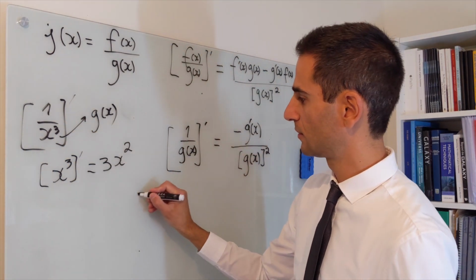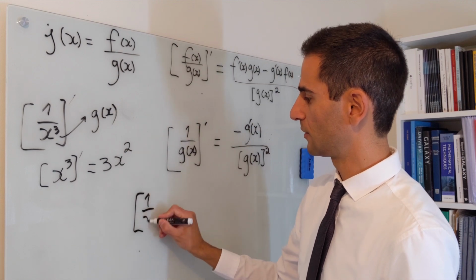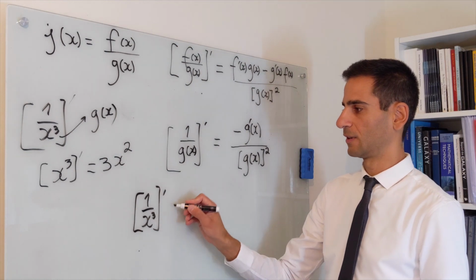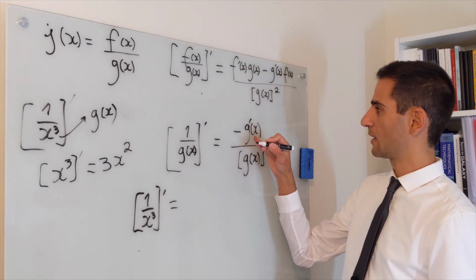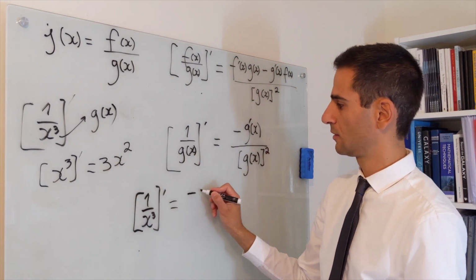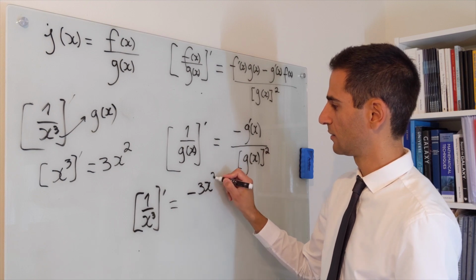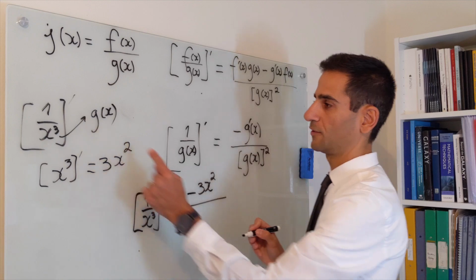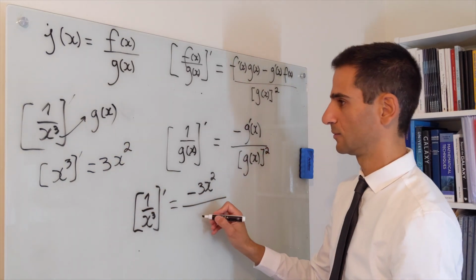If we do that, we find the derivative of 1 over x to the power of 3 is minus 3x to the power of 2 divided by x to the power of 3 to the power of 2.